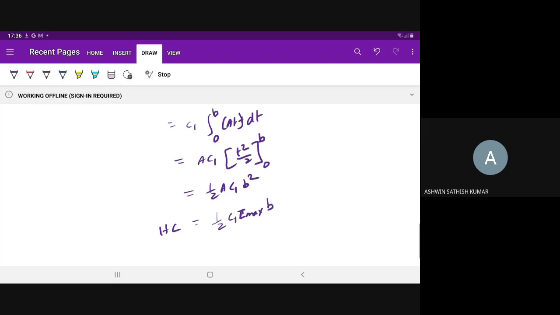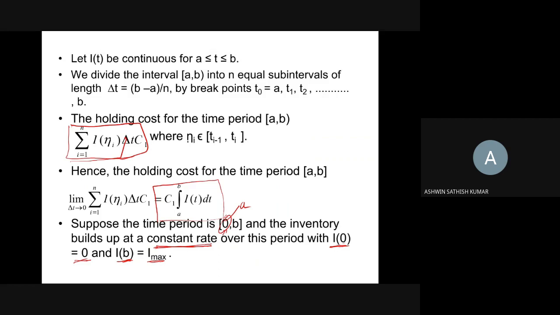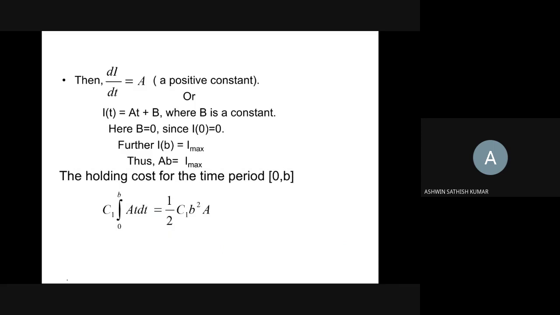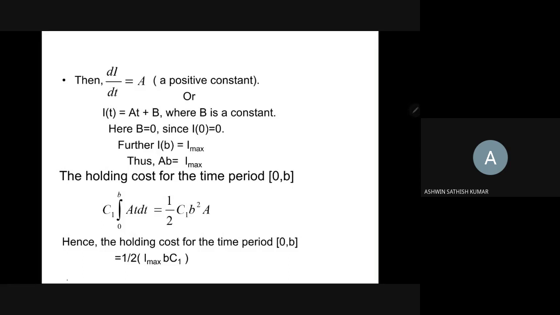In this way we compute the holding cost. So for the time period 0 to b, when the build up rate is constant, it is equal to half Imax into b into c1.